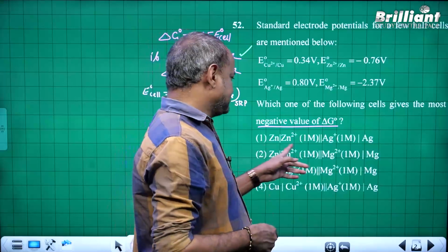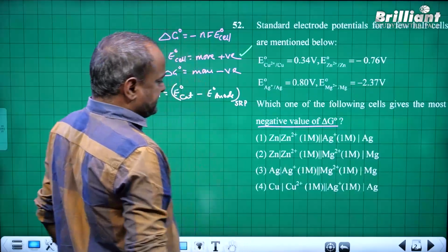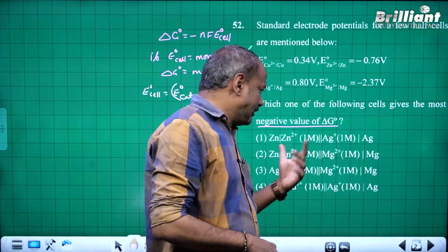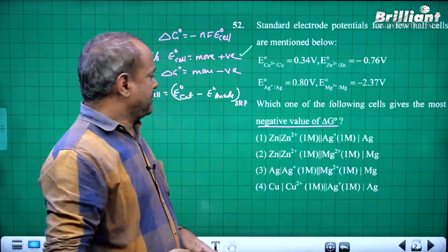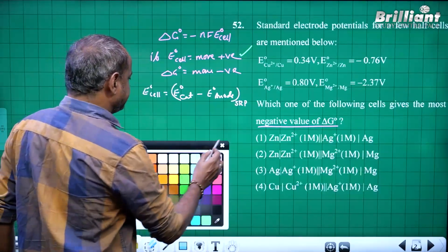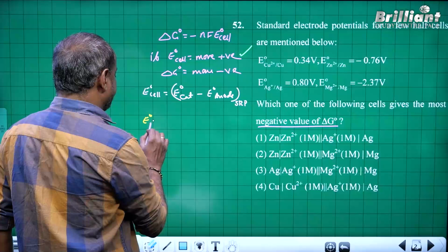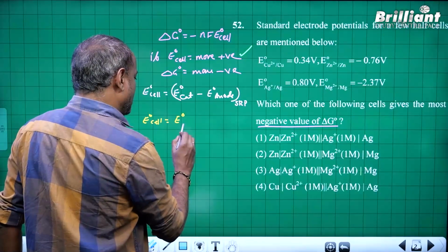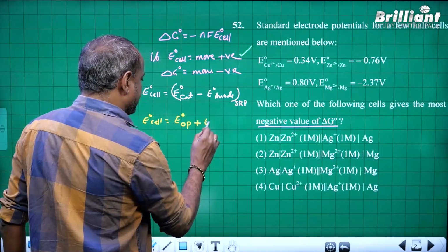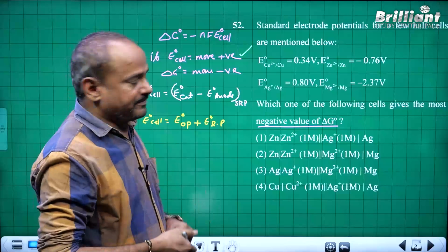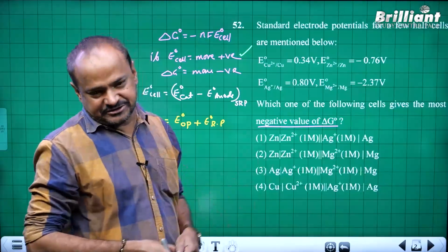First option, take option wise. So when cell reaction is given, cell notation given, very easy method. Don't use this formula. This formula use: E naught of cell is equal to E naught OP plus E naught RP is simple, best method, because we know cell notation.